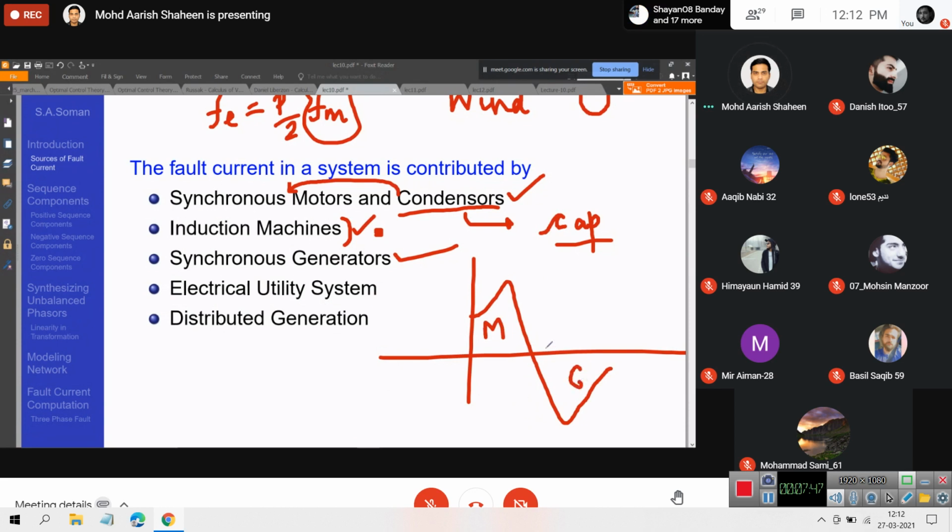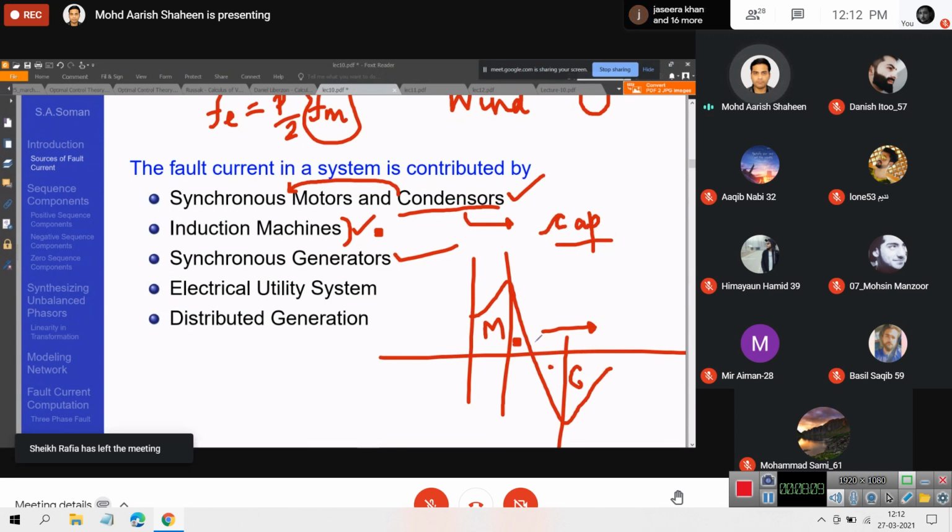This is increasing speed. As you can see, for different values of speed, the torque can be produced. In fact, we can operate it normally from this point to this point. This is the theoretical mode of operation. Here it operates as a motor, and here it will operate as a generator. Typically we use induction generators because the speed can be varied.